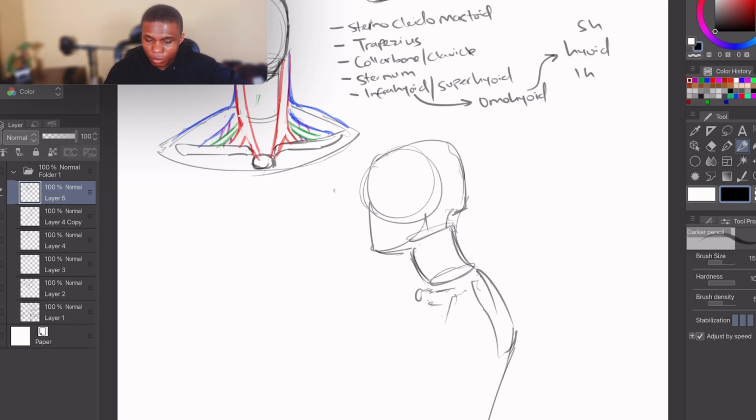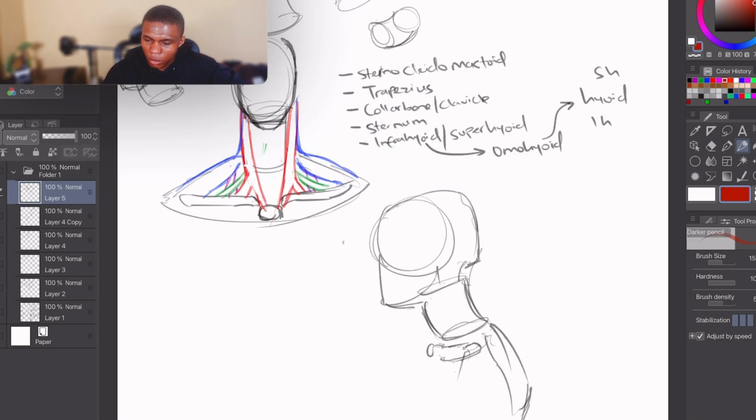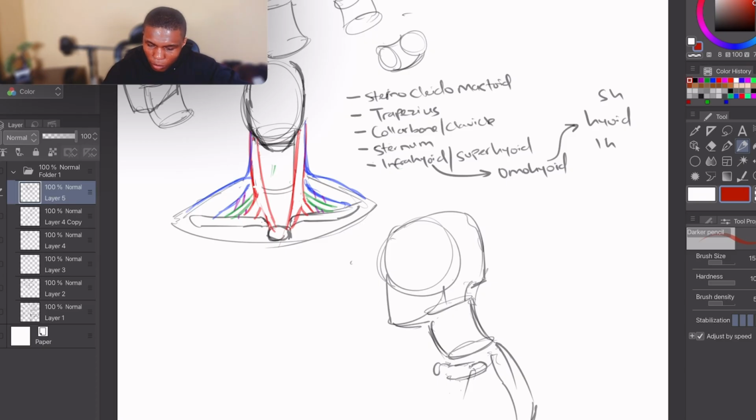Collarbone over here, our shoulder blade, I mean. Anyways, so on the side view, our neck is coming from here all the way down here. It has a reverse Y look. And then our trapezius muscle is going to be coming from here, like this.